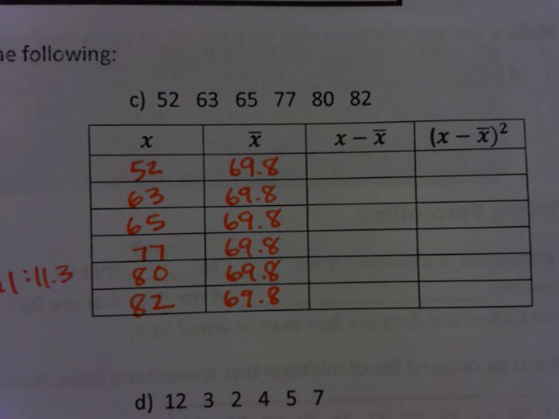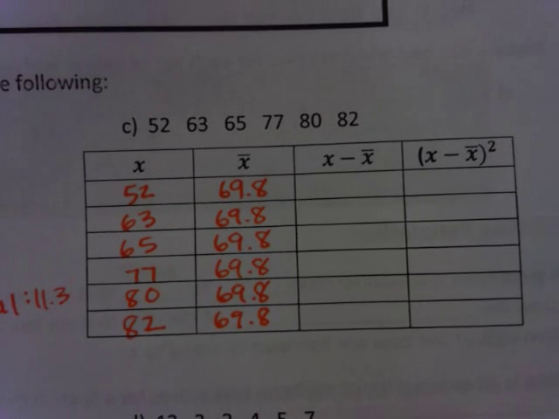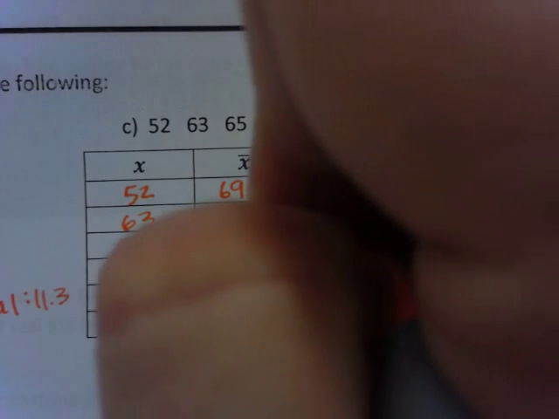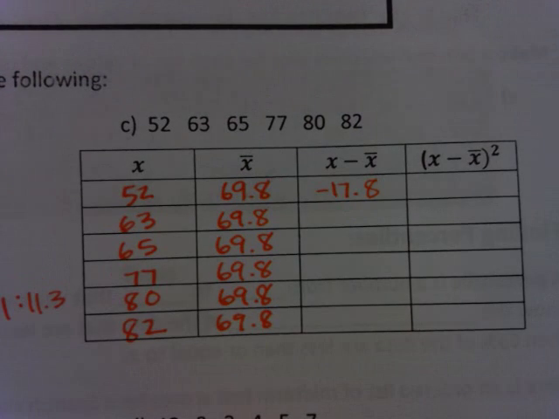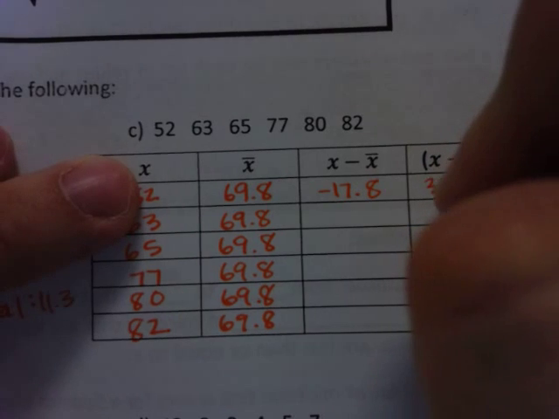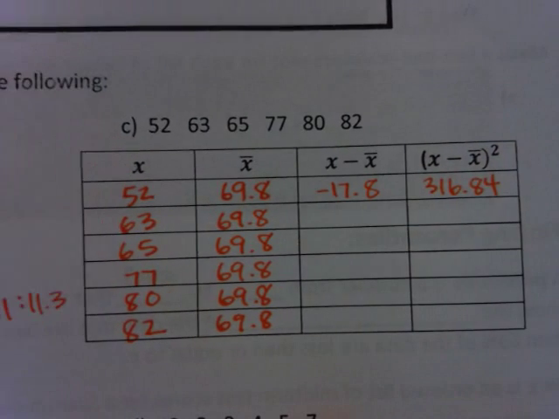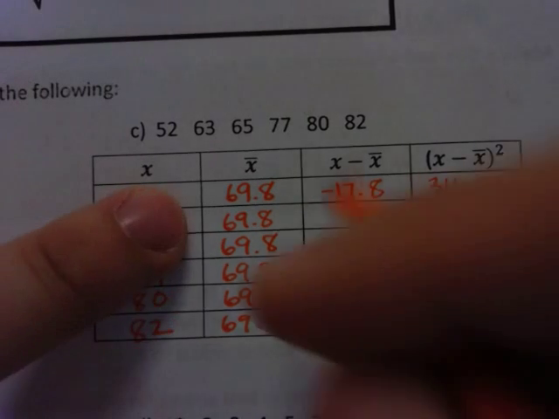Then we subtract them. So when you subtract the first one, you get a 17. And when you do that, $13.8. You subtract the next one. Negative 0.8.